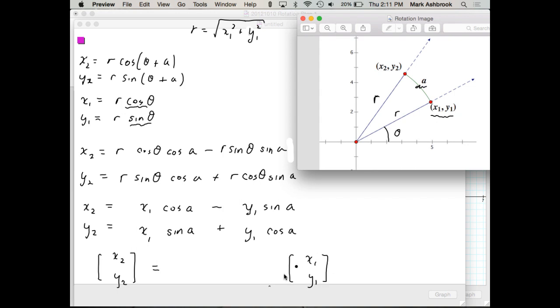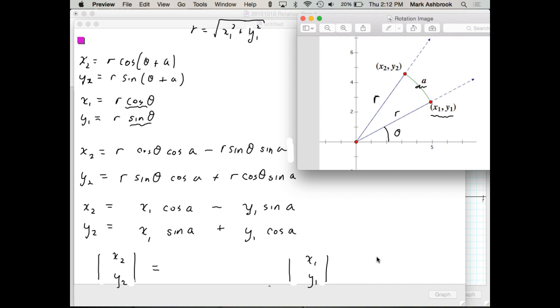Maybe if I take these little edges off, it'll conjure up something here. What's that? Yeah, this is really a matrix formula, right?